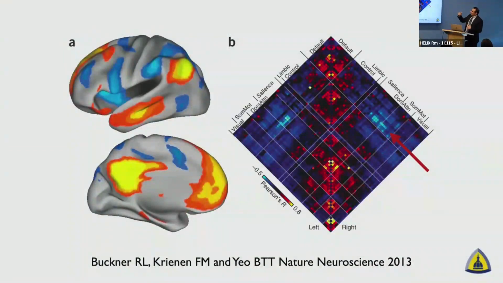The reason why this is important is because it still tells you that there's some kind of communication going on, right? Because if there wasn't any kind of communication, then the relationship would be zero, meaning regardless of what the default mode network is doing, the motor and attention system would do something independently.